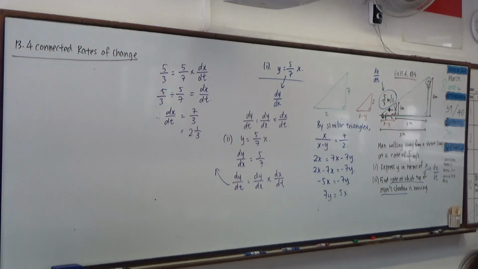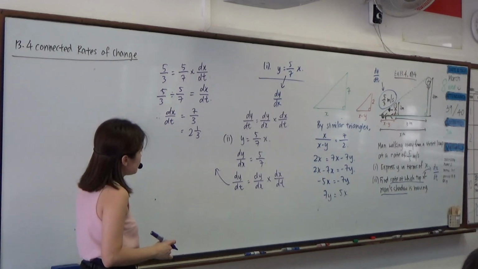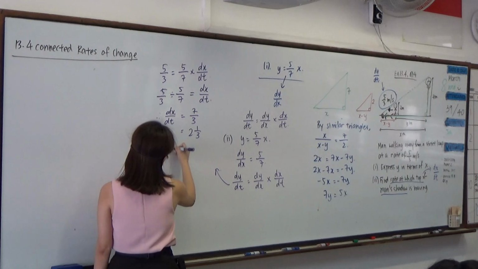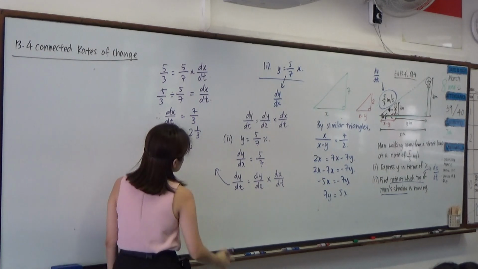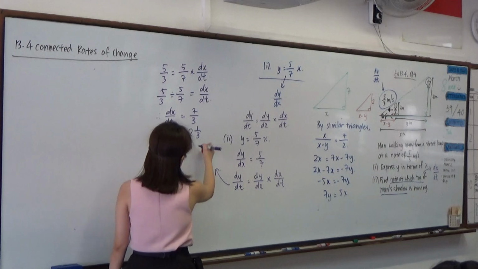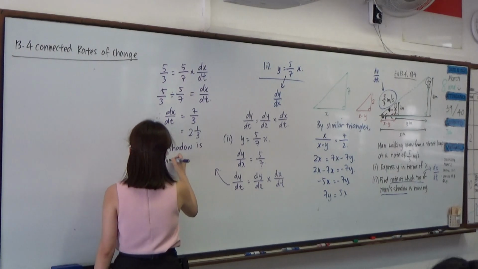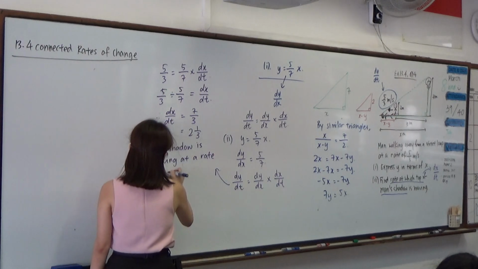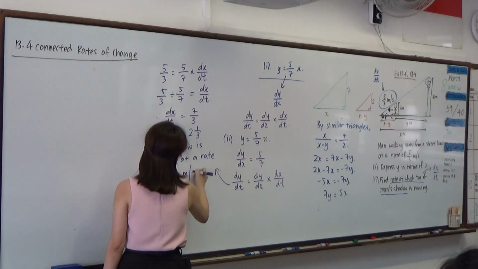So we get dx/dt to be 7/3, that is 2 1/3. So the shadow is moving at a rate of 2 1/3 meter per second.